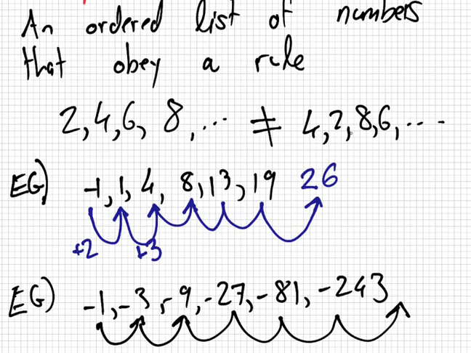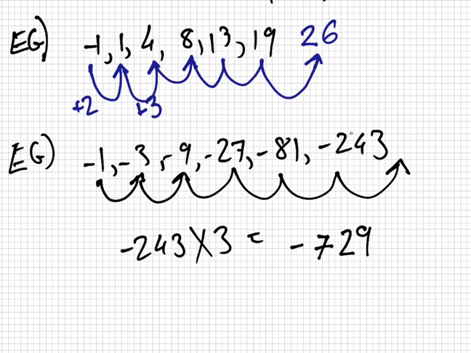I'll go back down. But if you take the first one you did for me, this one here, we can try and make a formula for that. So I should have Un equals. So what number do I start with? Minus 1. And then what am I doing each time? I'm adding 3, isn't it?